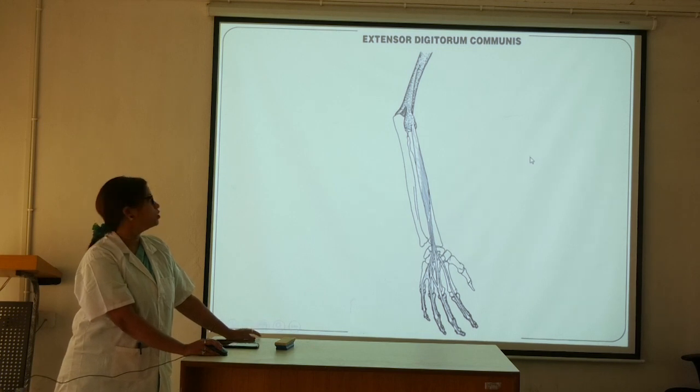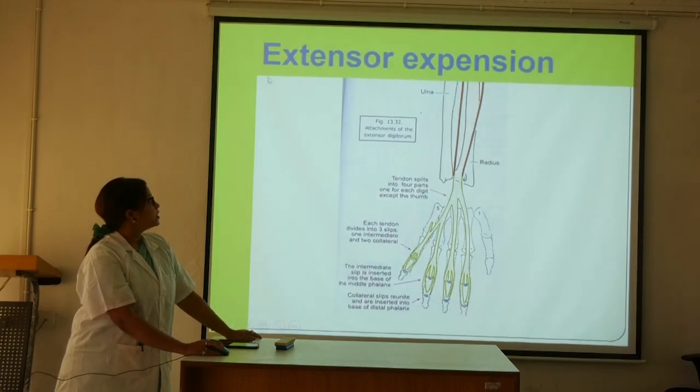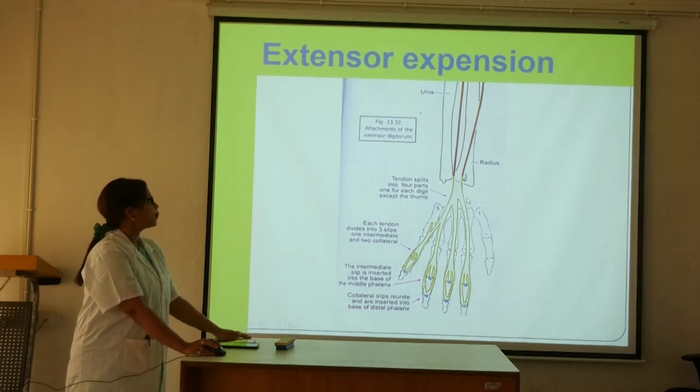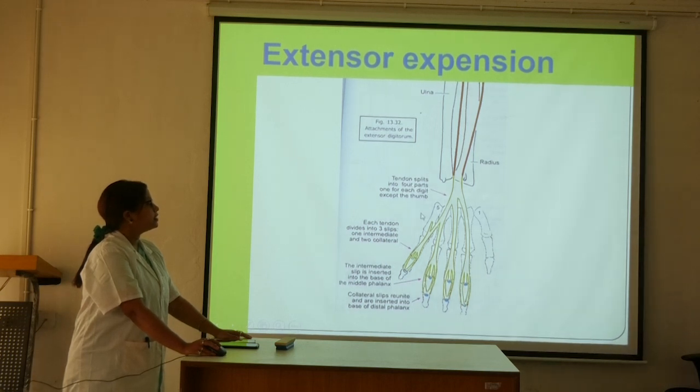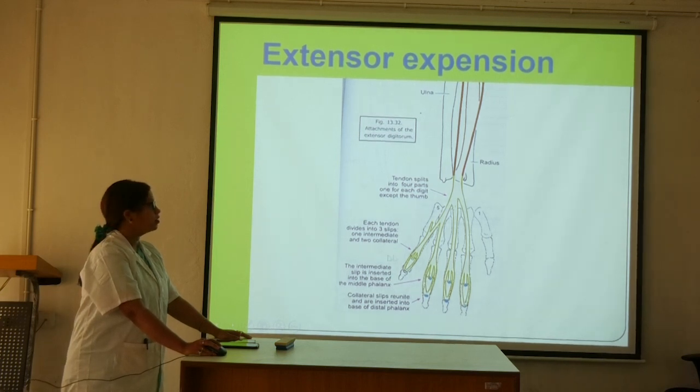So see, this is the extensor expansion, how it is making. See here, what is happening at first? The tendon splits into four parts, one for each digit except the thumb. Then each tendon divides into three slips, one intermediate and two collateral.